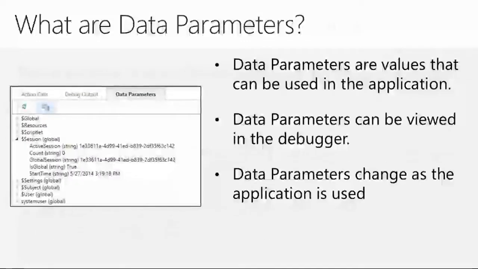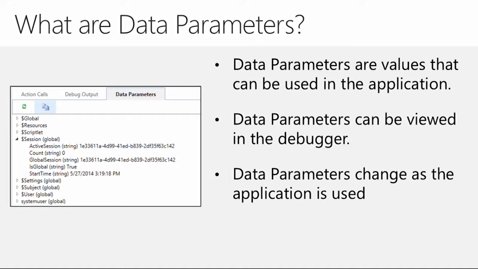The data parameter piece is the actual values that get populated inside the application. And we saw this a little bit when we were in the debugger, and that was why we introduced the debugger and data parameters together. When I go into the debugger, I can look at all the data parameters that are currently loaded into the system. These data parameters might be associated with a specific hosted control, with a user, with a system resource or a session, any number of different situations.